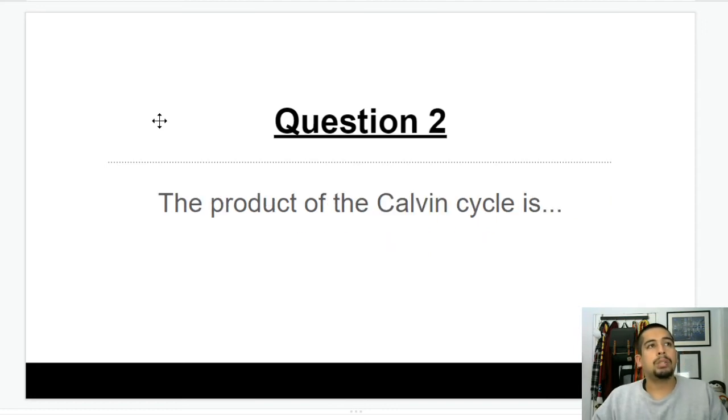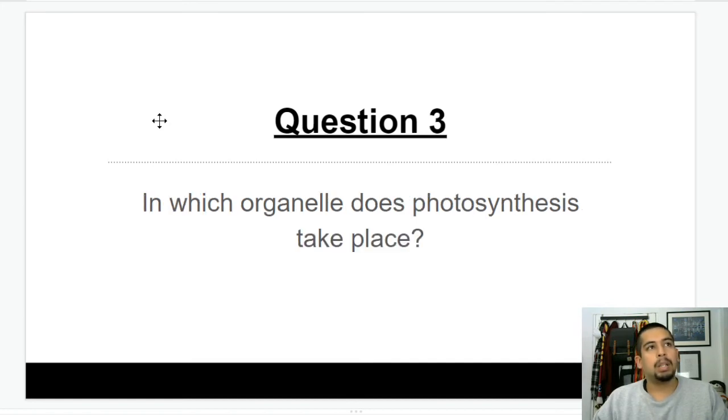Okay, question 2, the product of the Calvin cycle is blank. What is the product of the Calvin cycle? AKA the light independent reactions. They do not need light. Okay, and the third question, in which organelle does photosynthesis take place?